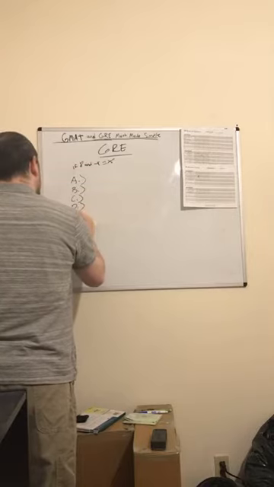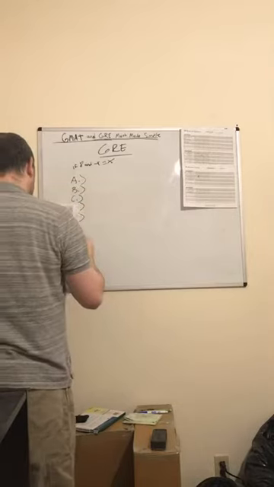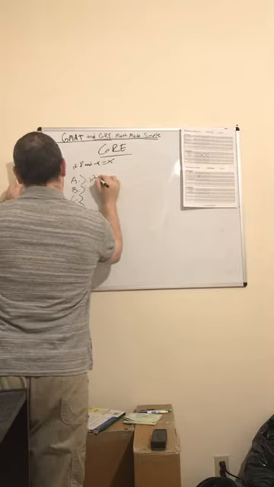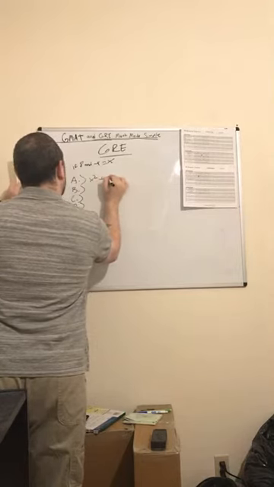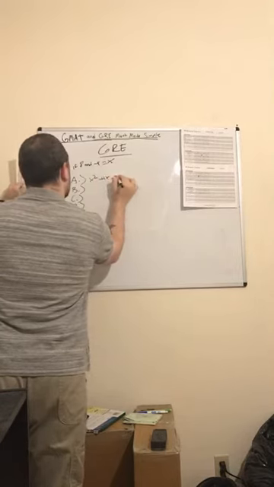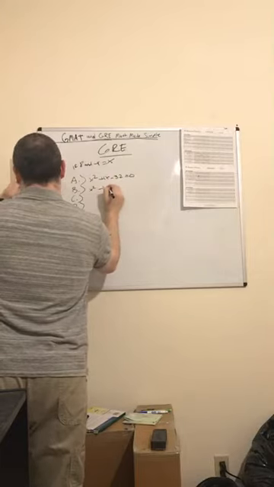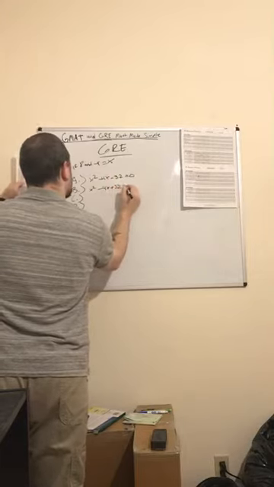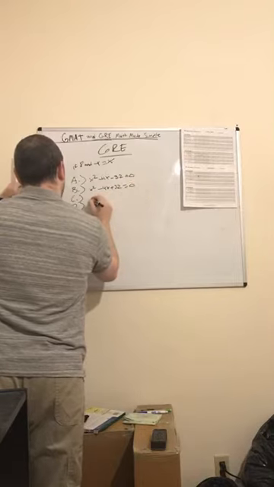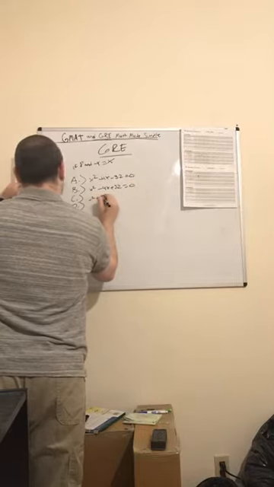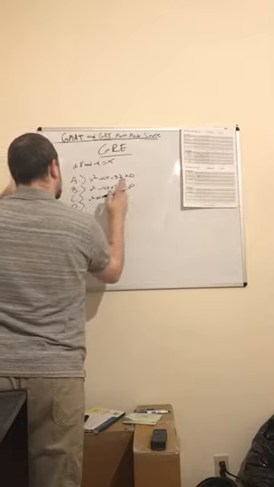A: x squared minus 4x minus 32 equals 0. B: x squared minus 4x plus 32 equals 0. C: x squared plus 4x minus 12 equals 0. Let me make that a little bit bigger for you.